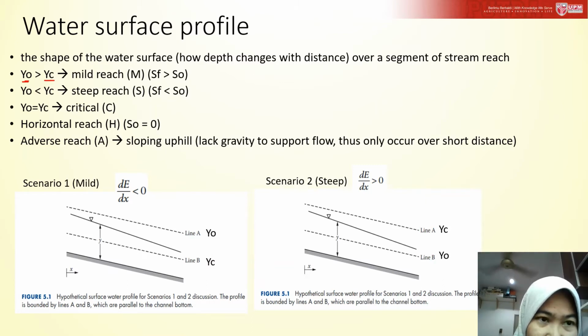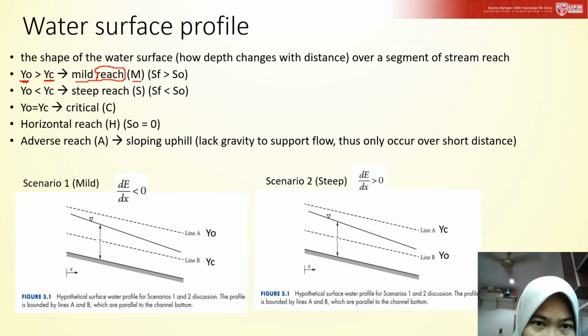If the normal depth of the channel is more than the critical depth, it means the reach is mild. Reach is also known as where the water flows. So if normal depth is more than critical depth, then it's called mild reach.